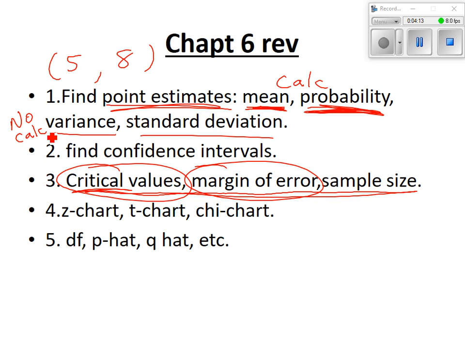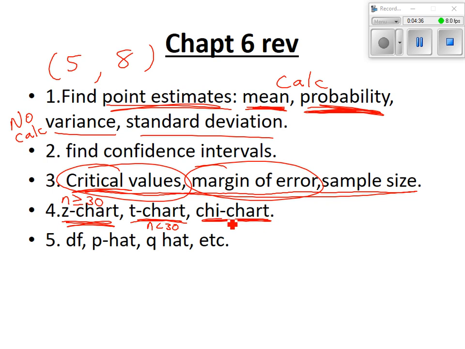Make sure you know what charts we need. Z chart: when to use the Z chart? When your n is greater than or equal to 30. When to use the T chart? It's the opposite way, when n is less than 30.